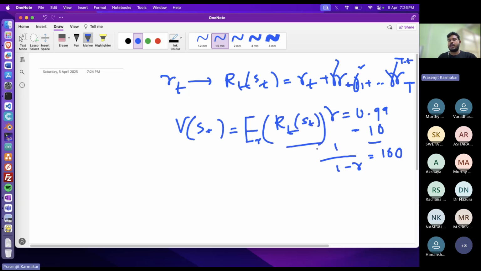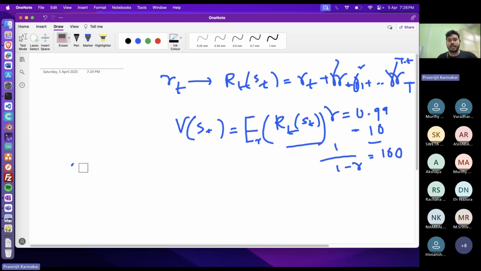So you take the average of multiple returns from a particular state, and from one state there can be a lot of possible trajectories to reach the end state. It might reach the same end state, or it might reach other end states also. That's why you take a probabilistic average. Okay, these are the previous concepts.